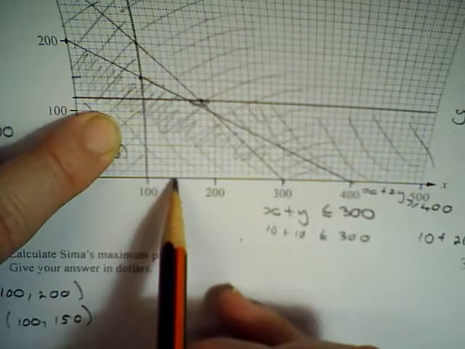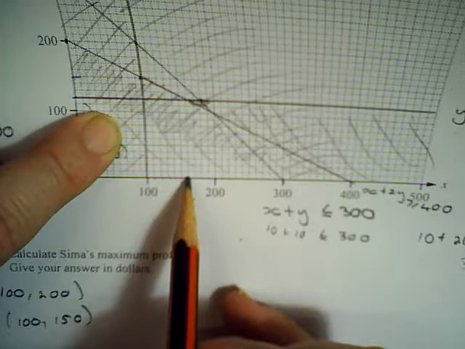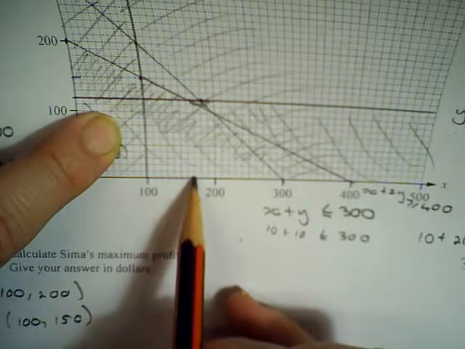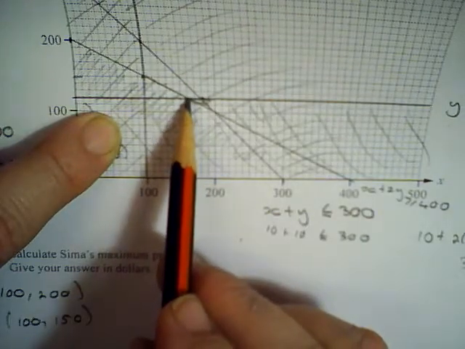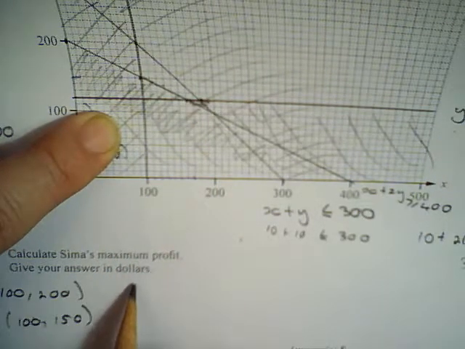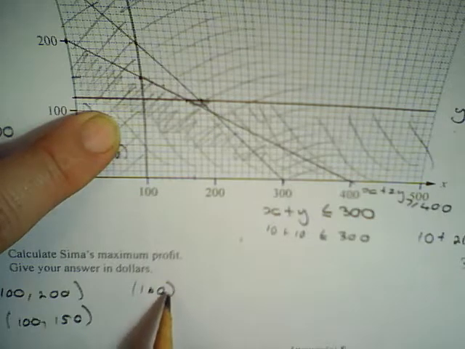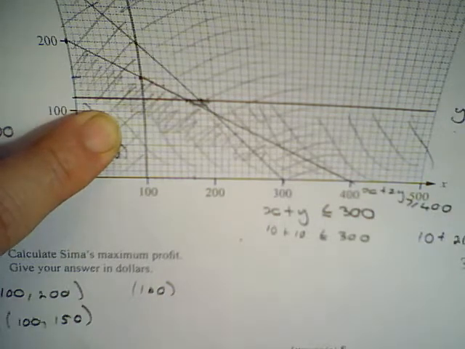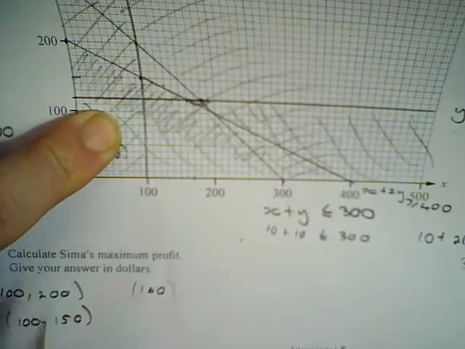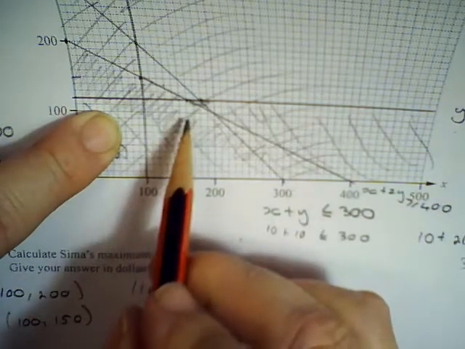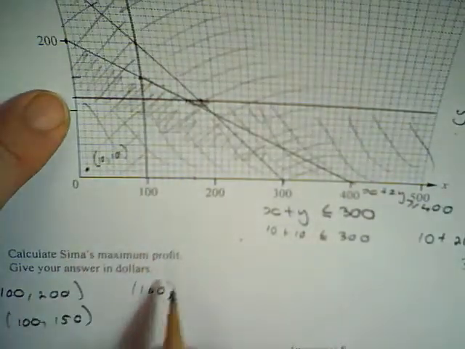1, 2, 3, 4, 5, 6, 7. So it would be 160. And 160, and it's on the line 120.